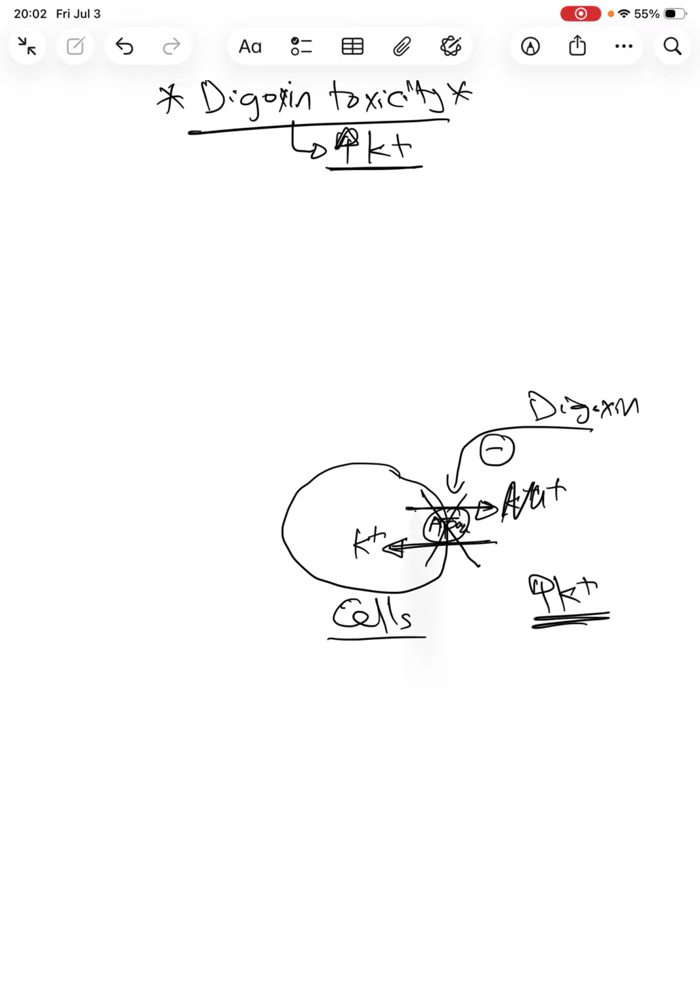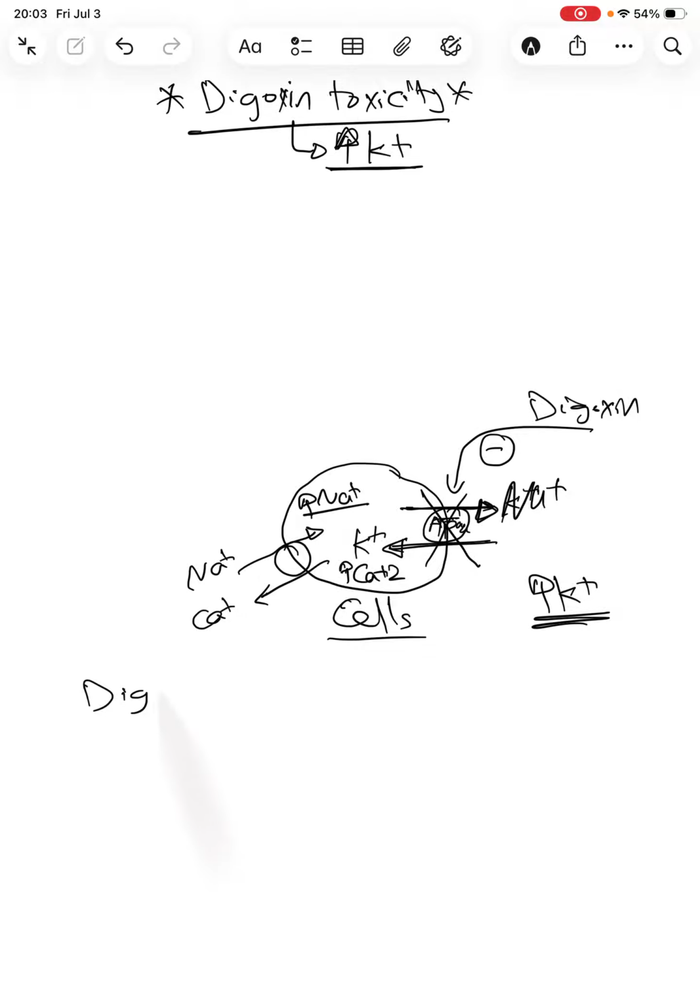Also, the sodium will not be able to get out of the cell, and the sodium inside the cell will be high, and this will inhibit another channel that should bring sodium inside and calcium outside. So as a consequence, the calcium concentration will be high inside the cell.